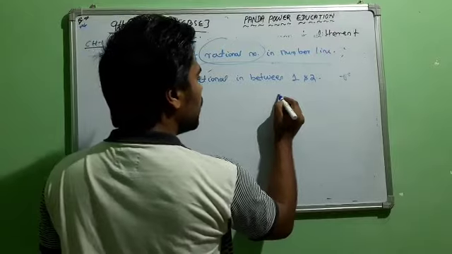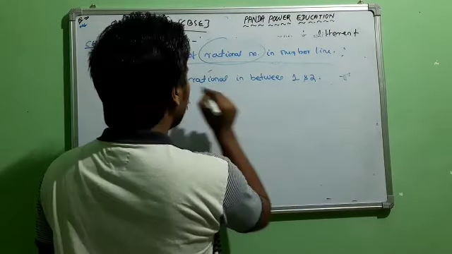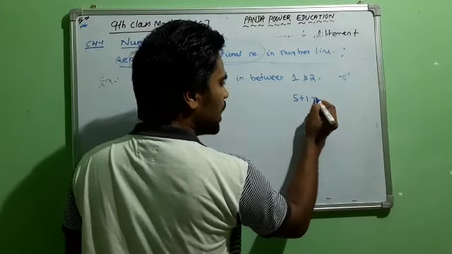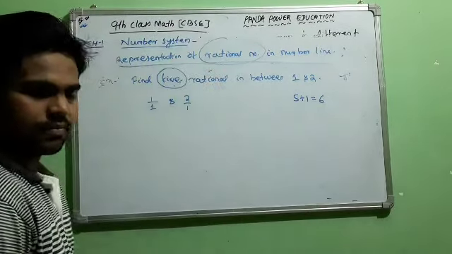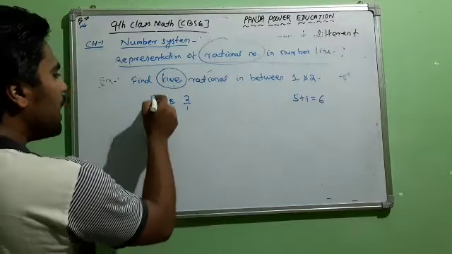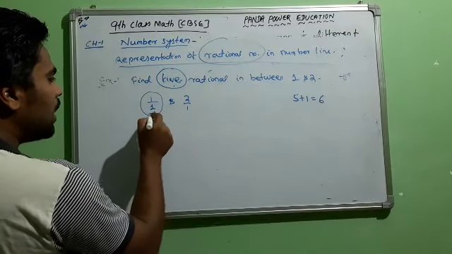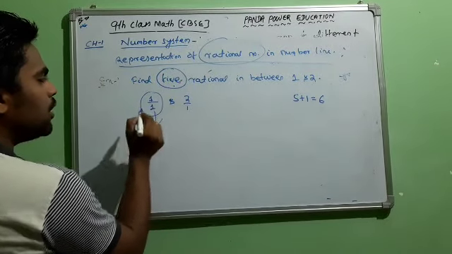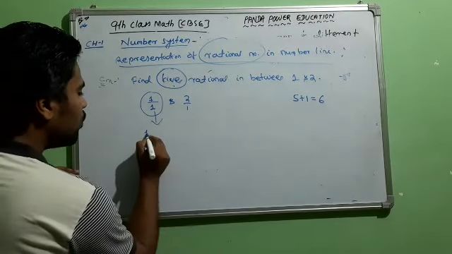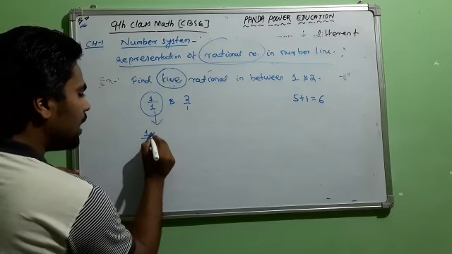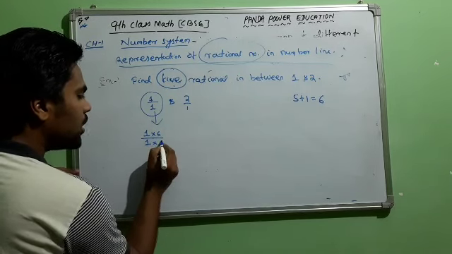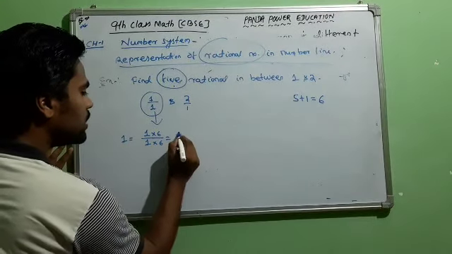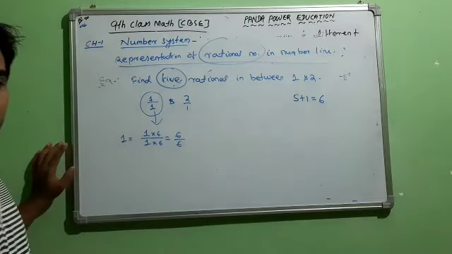That means, this is the trick you should remember: if 5 is given, then you must add 1 to it, 5 plus 1 is 6. Then you should make the denominator 6. To convert into denominator 6, we multiply 6 in the numerator and 6 in the denominator. Then 1 looks like this, yes or no?